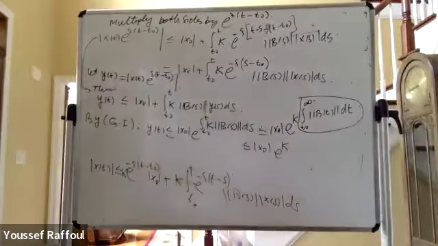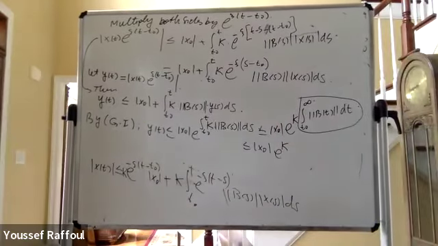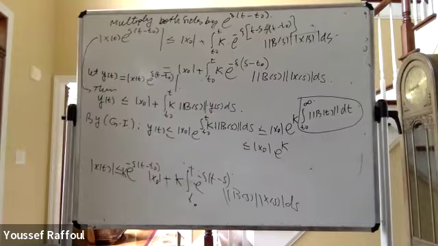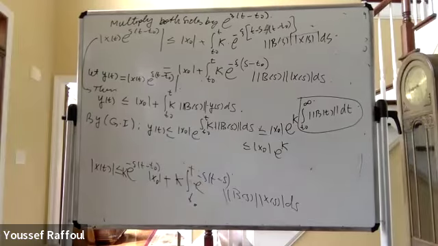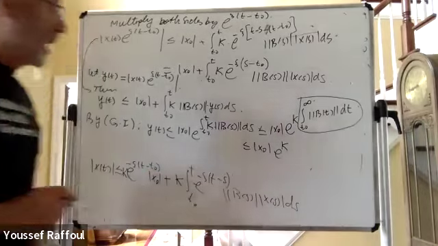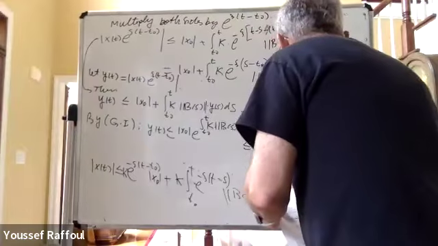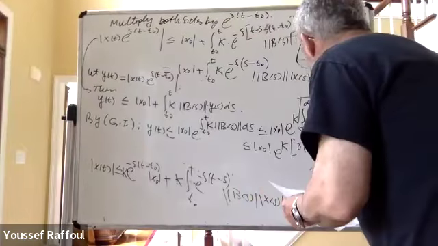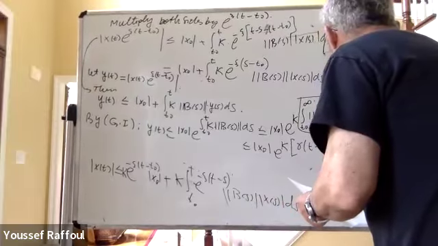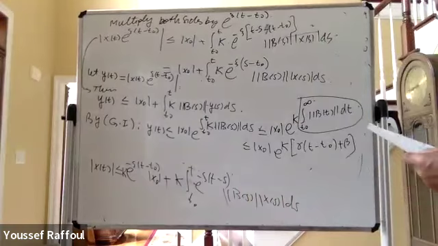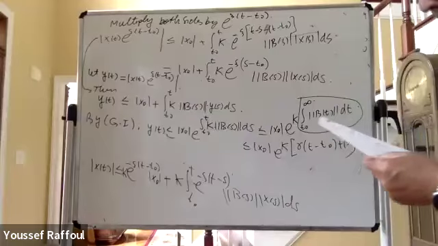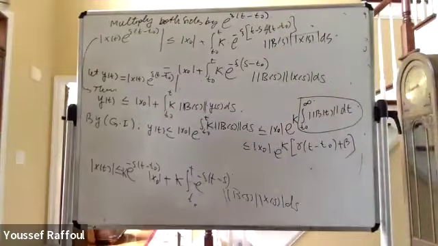You see how it pulls out? Okay. So this is less than or equal to x naught e to the K, then it's going to be times gamma (t minus t naught) plus beta. You see what happened?